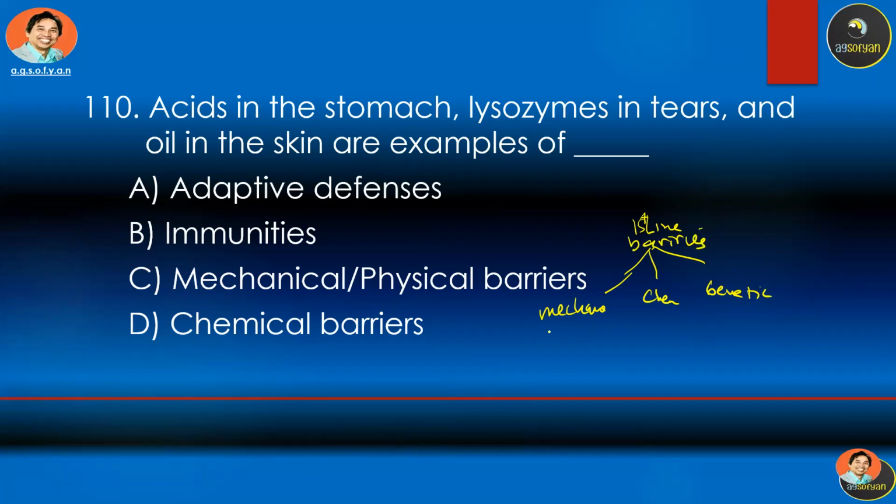Mechanical, we already have: the skin, mucus, hairs. Chemical is production of chemicals that remove or kill bacteria, for example, acid in the stomach, lysozymes in our tears, oils on our skin. That's going to be chemical barriers.